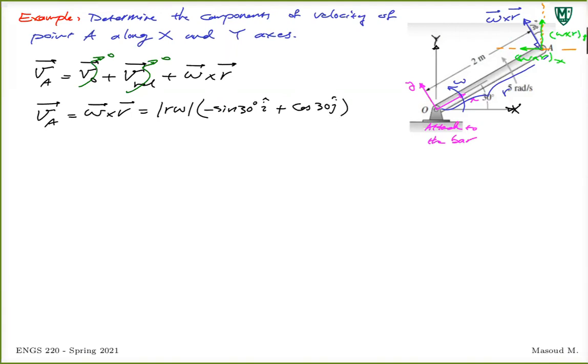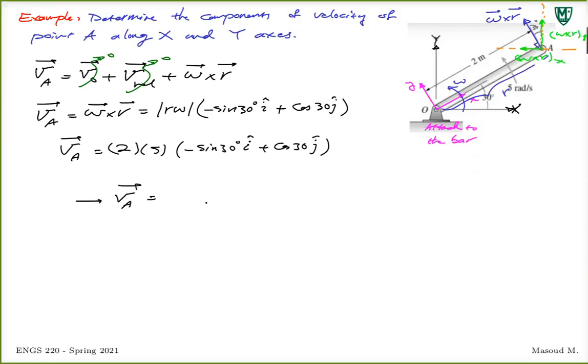It's upward and it's negative. So VA becomes R is 2, omega is 5 radian per second, times minus sine 30 degrees I plus cosine 30 degrees J. And from there you can find your VA.